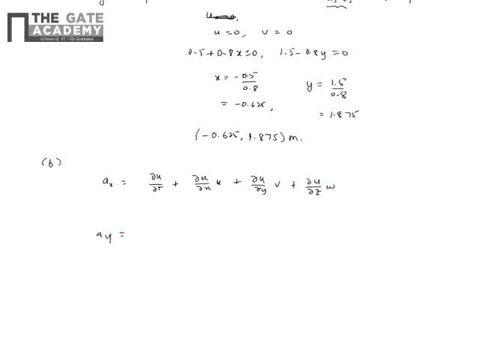And ay will be dou v by dou t plus dou v by dou x times u plus dou v by dou y times v plus dou v by dou z times w. So basically you differentiate with respect to only one component for that acceleration component. az will not be there, but let's write down a general equation.